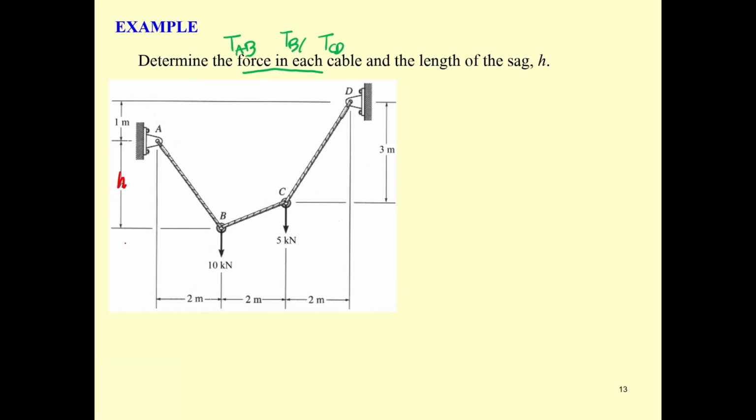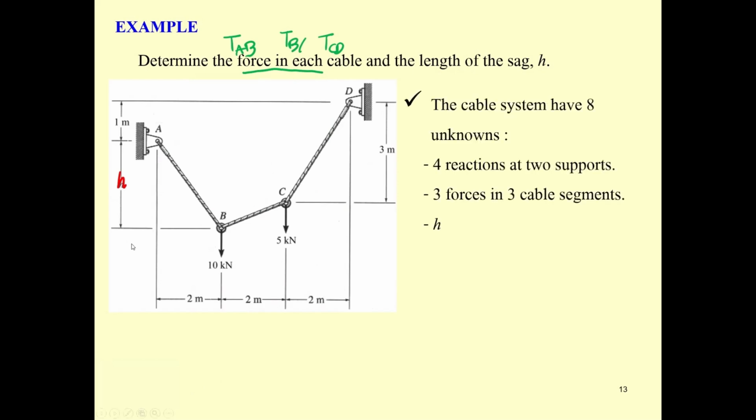And Ajahn should say that based upon this one, the cable has four unknown reactions. That's going to be A sub X, A sub Y, and then D sub Y, and then D sub X, and then three forces in the cable, and then one more for the H over here.